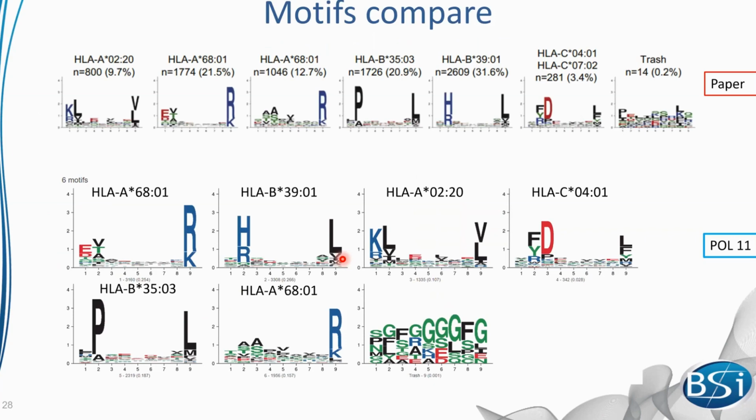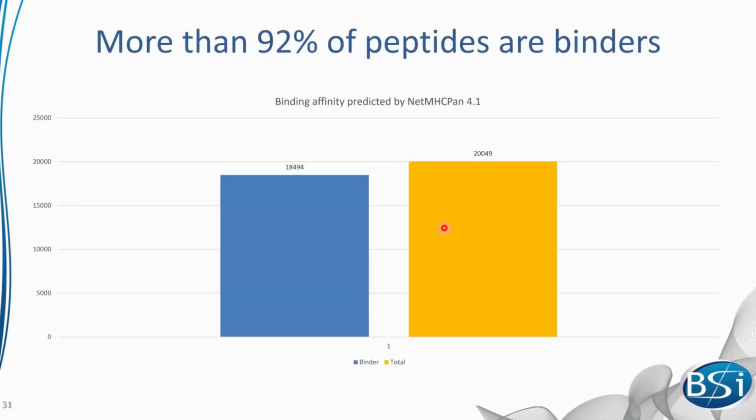And then we compare the motifs. This is reported in the paper, and this is reported in Pix11. We check the motifs, and they are the same. Then we use the same algorithm to predict the binding.